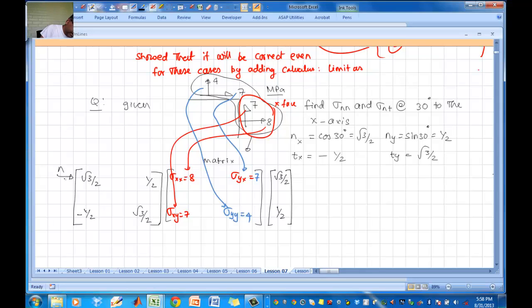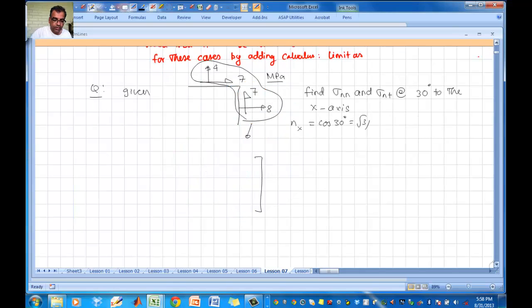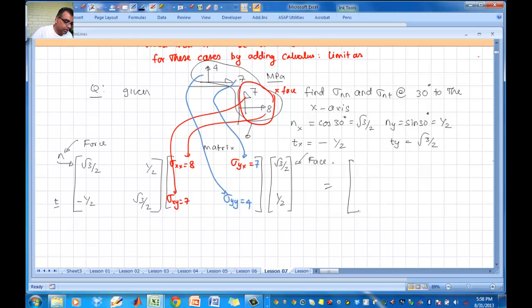This is N, this is T. So this is force, face. You just do this matrix multiplication, there's no biggie, and it will turn out you will get 13.06 and 1.76 megapascals.